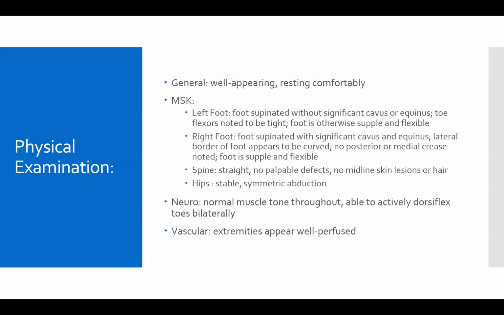The lateral border of his foot appeared to be slightly more curved compared to normal, and there was no posterior medial crease noted, and the foot is again supple and flexible. No other abnormalities were noted on his general musculoskeletal exam. On neuro exam, he was able to actively dorsiflex his toes bilaterally, and on general vascular exam, his extremities appear to be well perfused.